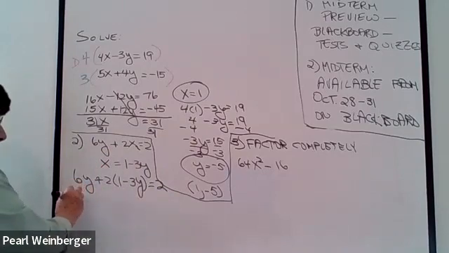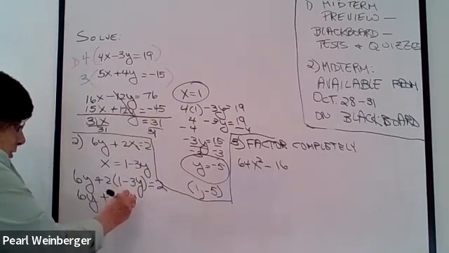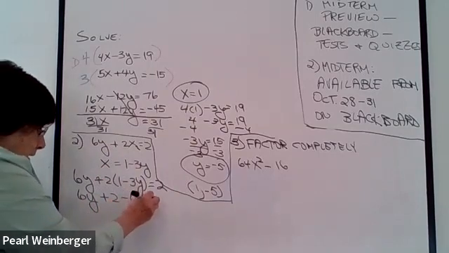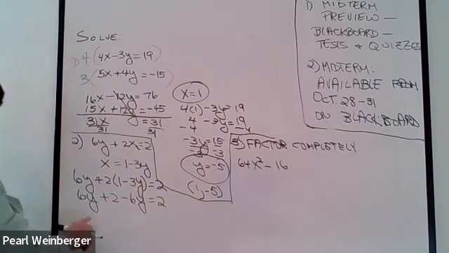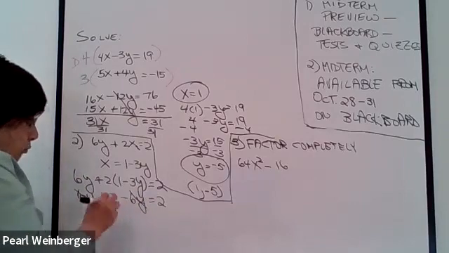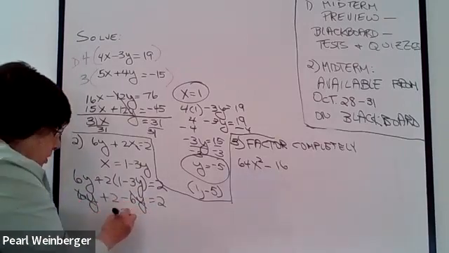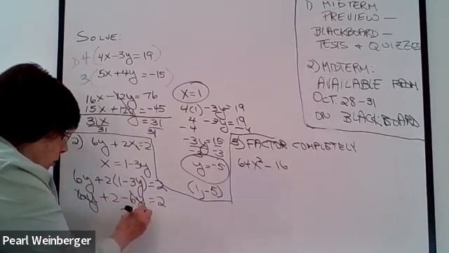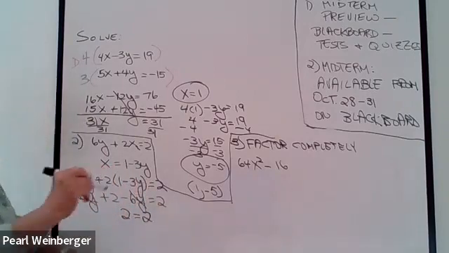I'll remove the parentheses. 6y plus 2 minus 6y equals 2. And when I combine the like terms on this equation, I have a 6y and a negative 6y that cancels out. And I'm left with no y's. I'm left with the equation 2 equals 2.